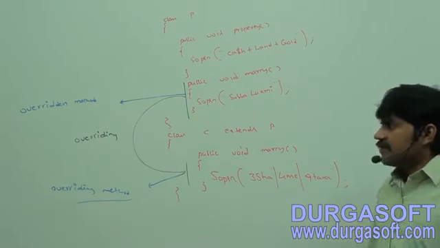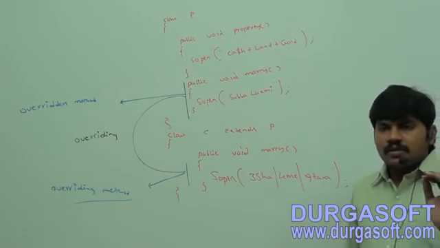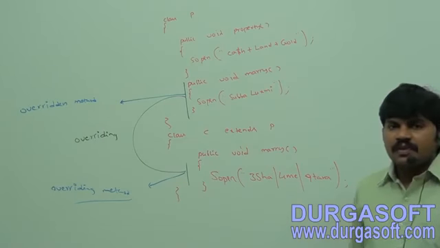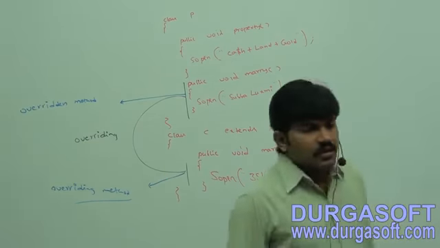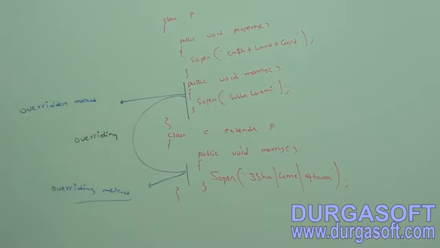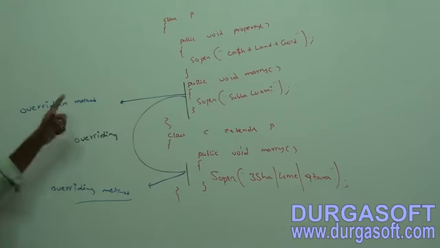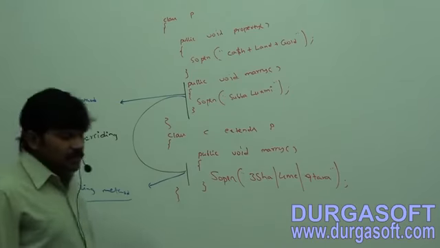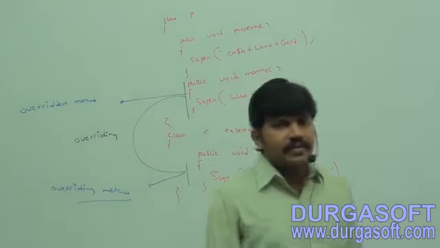Overriding. Next up. The parent class method which is overridden is called the overridden method.